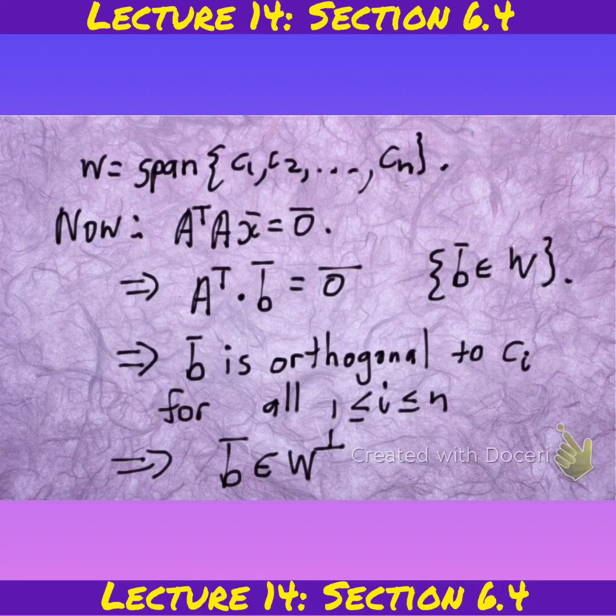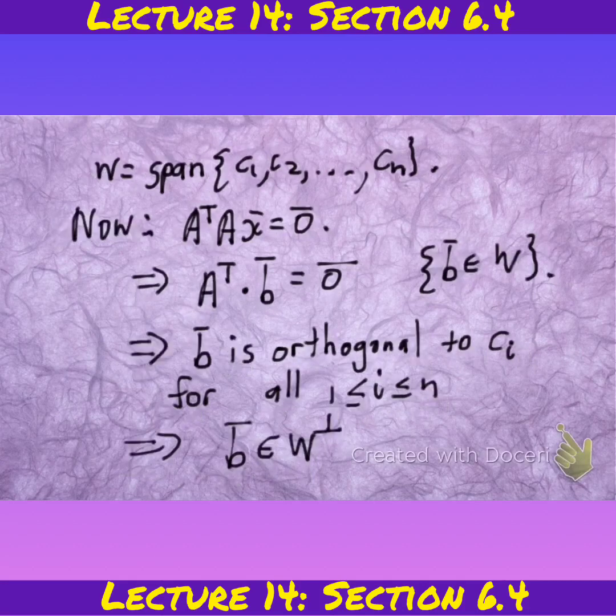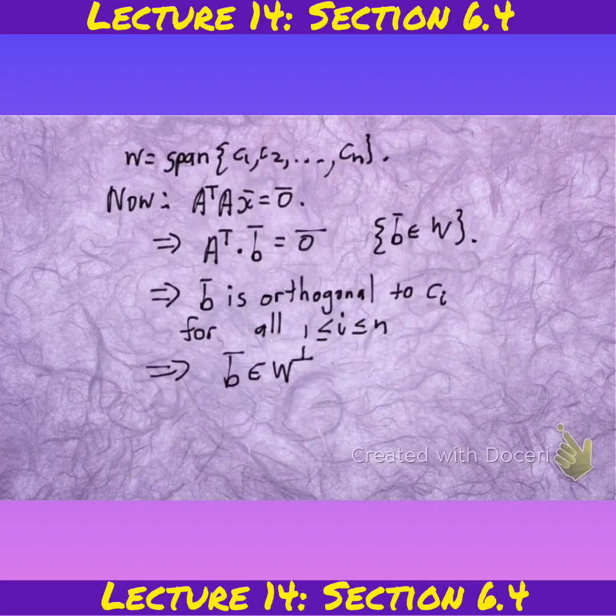Right, so what is the implication of that? Now remember the property of the orthogonal complement. That's going to imply that B is not only in W, but it's also in the orthogonal complement of W. So it's going to be in the intersection between the two.